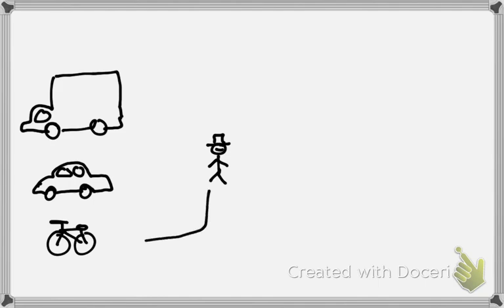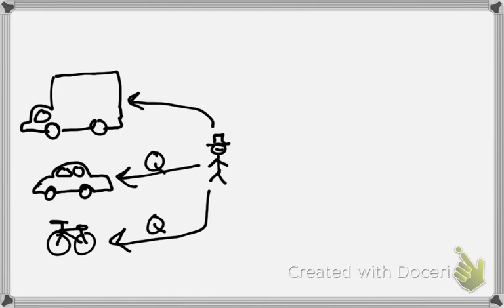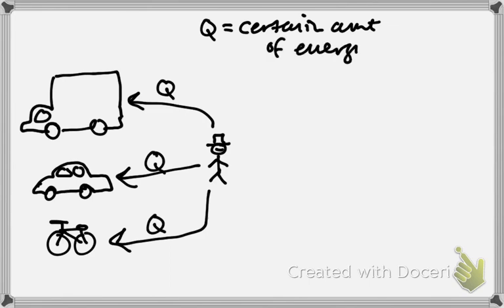So you're going to walk up to the bike and you're going to push on it. So you're going to provide some energy to it. You're going to walk up to the car and you're going to push on it. You're going to provide some energy to it. And then you're going to walk up to the truck and you're going to put some energy into it. So we're saying Q is a certain amount of energy.